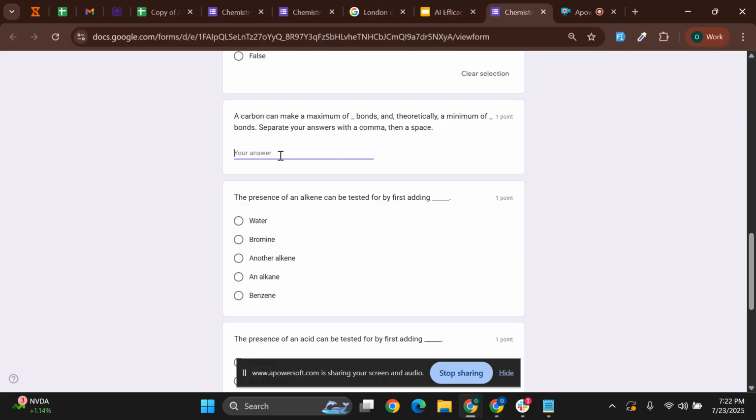Yes. No. A carbon can make 6. Carbon makes a minimum of 2.